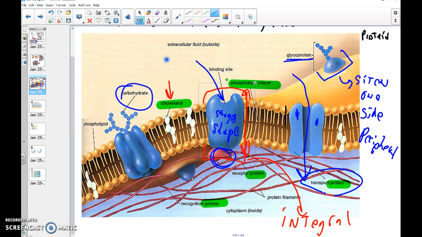The membrane is made mostly of phospholipid bilayer, and cholesterol helps keep the membrane fluid. And you'll notice that since cholesterol is inside the tails, cholesterol is lipid soluble, not water soluble. So cholesterol is a lipid. All right, so that's part one on our presentation on the cell membrane and transport.